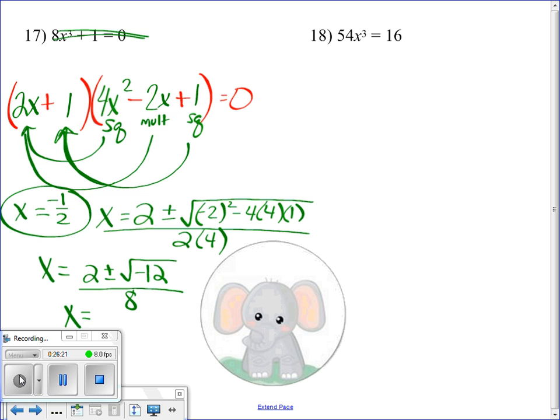So how do you simplify radical negative 12? 2 plus or minus 2i radical 3 all over 8. All three numbers can be divided by 2. So x equals 1 plus or minus i radical 3 all over 4.